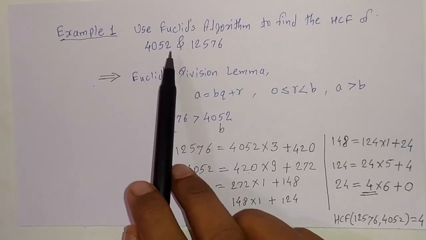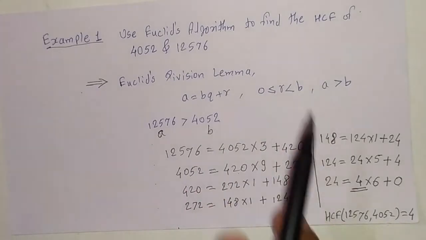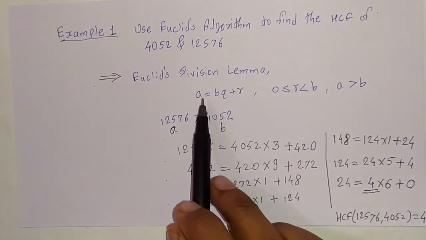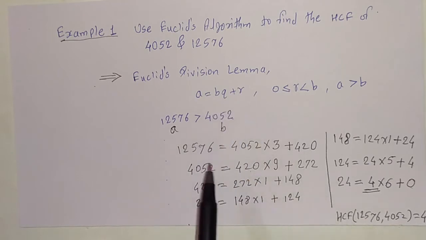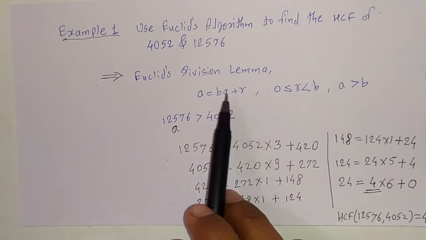B will be 4,052. So apply the Euclid's division lemma to given two numbers. A equal to BQ plus R. 12,576 will be A. B will be 4,052.